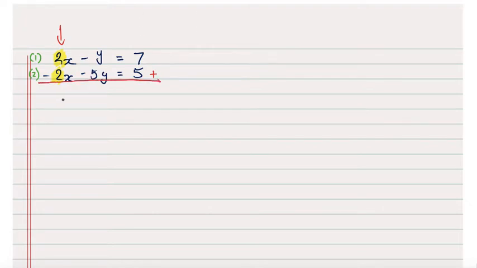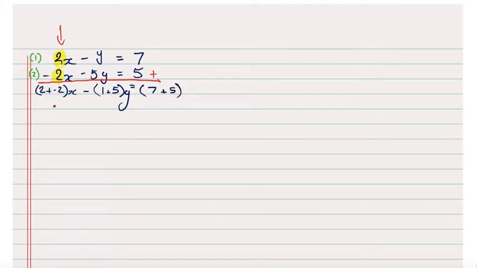So having a go, 2 plus negative 2 x, minus 1 plus 5 y, equals 7 plus 5.